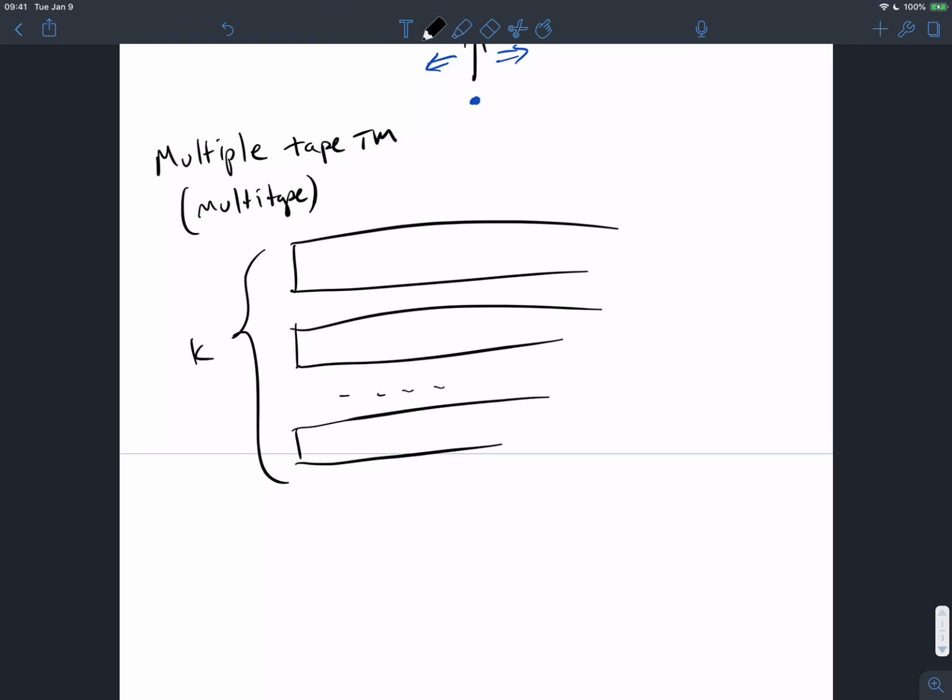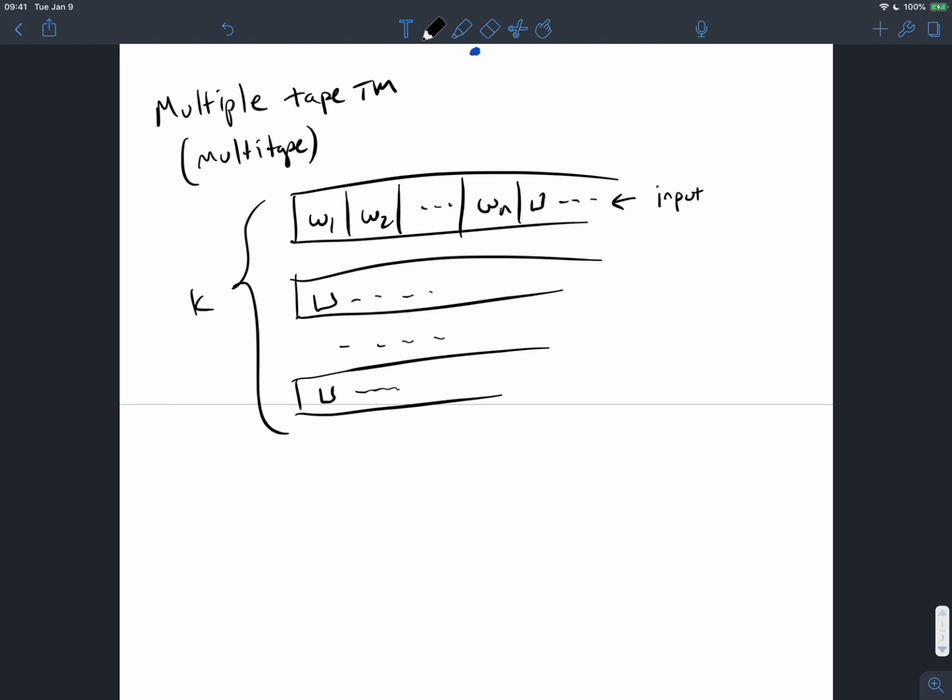And we'll refer to them as the first tape, second tape, all the way through the kth tape. Okay? So the way that the model works, although it doesn't truly matter here, is that the input is going to be initially presented on the first tape. So let's say it's w1 through wn. And all of the other tapes are blank.